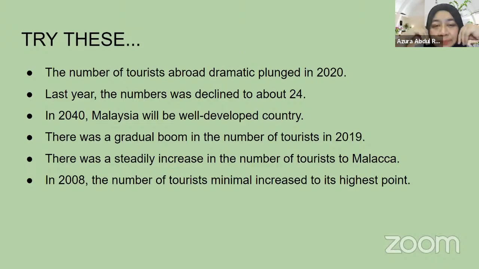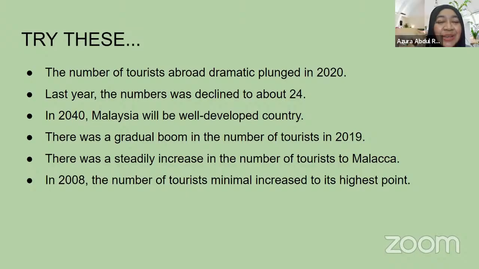What is wrong with this one? The numbers were declined. Do you need the were or can you have the zero? The numbers declined. Which one do you think, Shasha? Without was is actually correct. Yeah, that's right. See, last year, the numbers declined to about 24. That is correct. Good, Shasha.